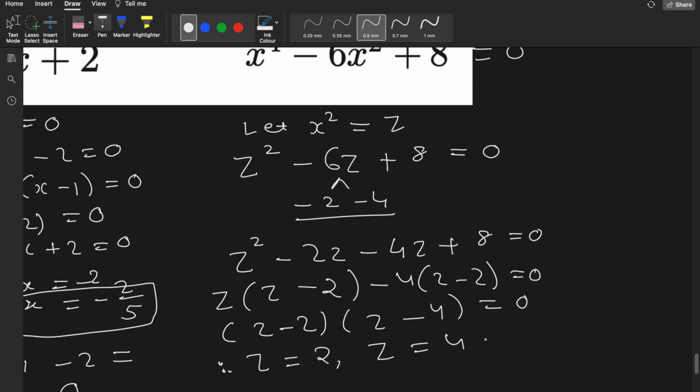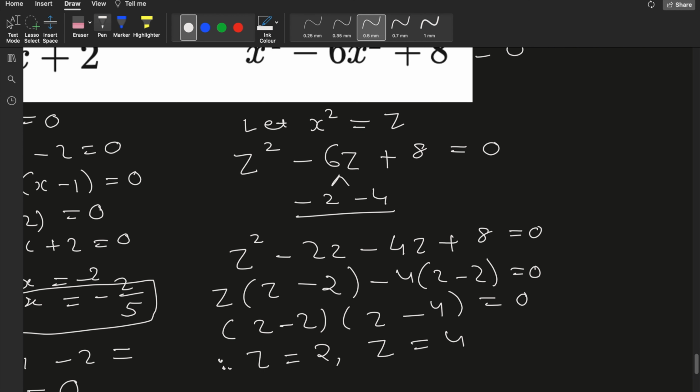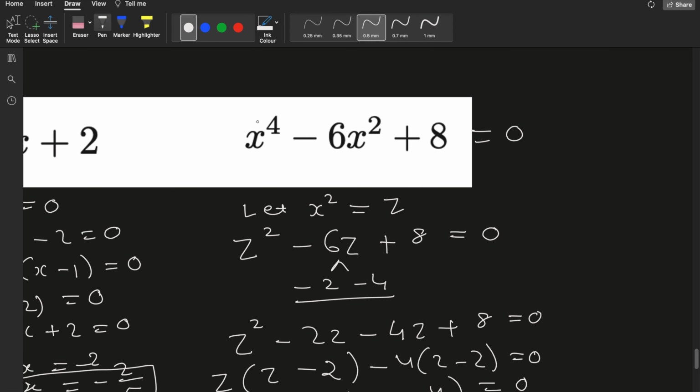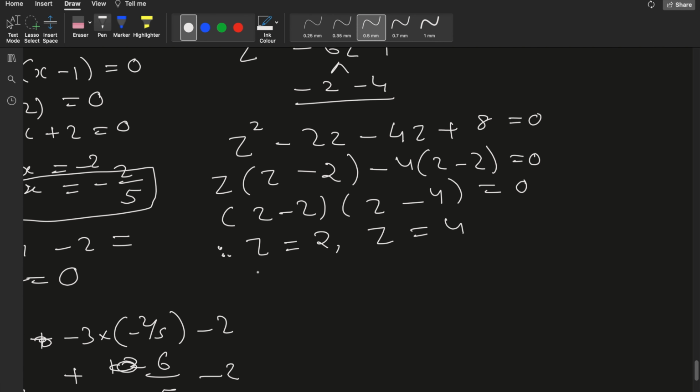You may think that we're done right now, but that's not the case. We have to find it in terms of x because our original equation was in terms of x. So we know that z equals x squared. So upon substitution, we get this. So x squared equals 2, or x squared equals 4.